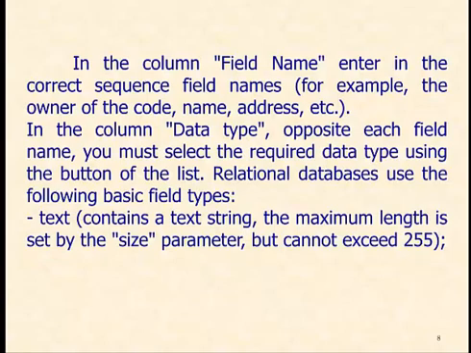Relational databases use the following basic field types. The first type is text, contains a text string. The maximum length is set by the size parameter, but cannot exceed 255.